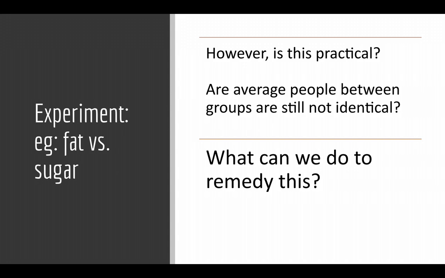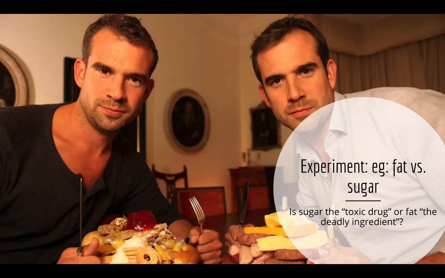That's why researchers prefer identical twins. Because for identical twins, right, everything's the same, unless you put one in the control group, one in the treatment group, right? So that would be the only difference. Now I happen to have this example.